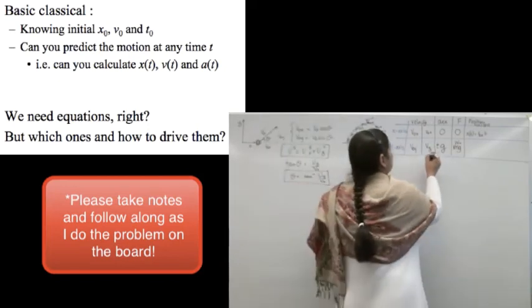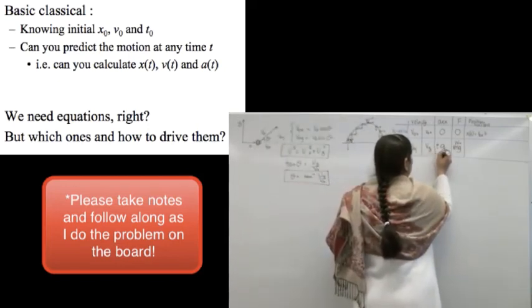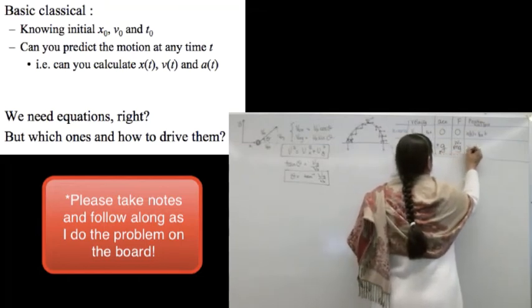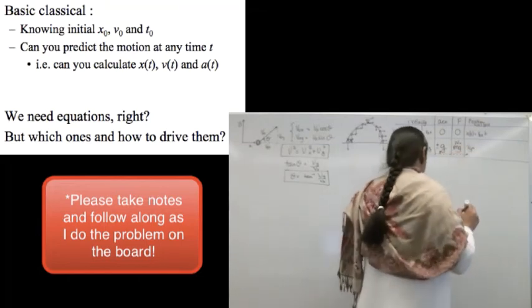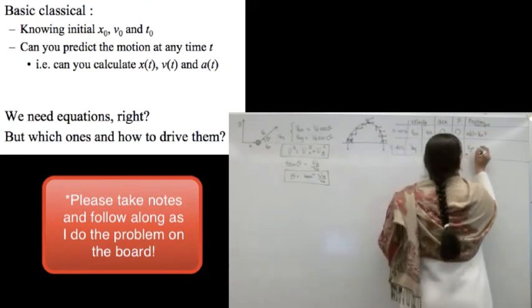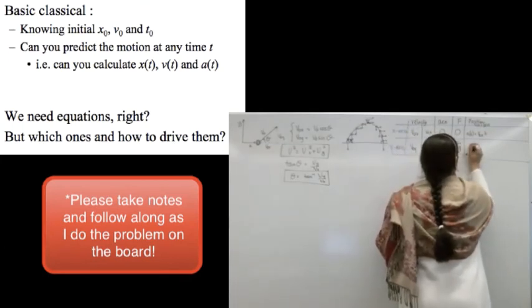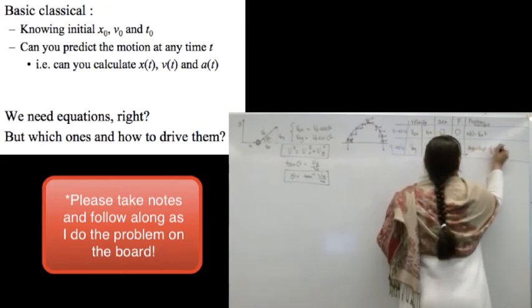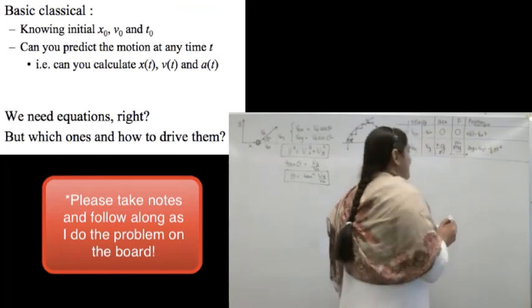However, the y velocity is going to be different, which means it is going to give me y as an equation of motion that I can write as delta y equals v0y t minus a half g t squared, depending on whether it's going up or down, right?